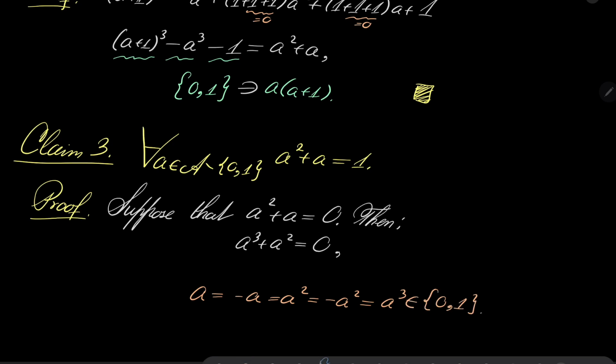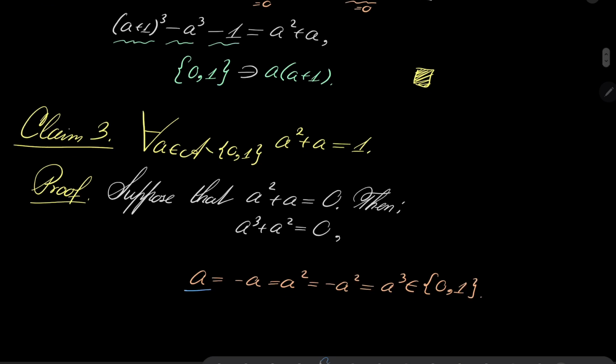So we have proven it. I'm juggling with these minuses because 1 equals minus 1 in our ring. So we have demonstrated that A is either 0 or 1.